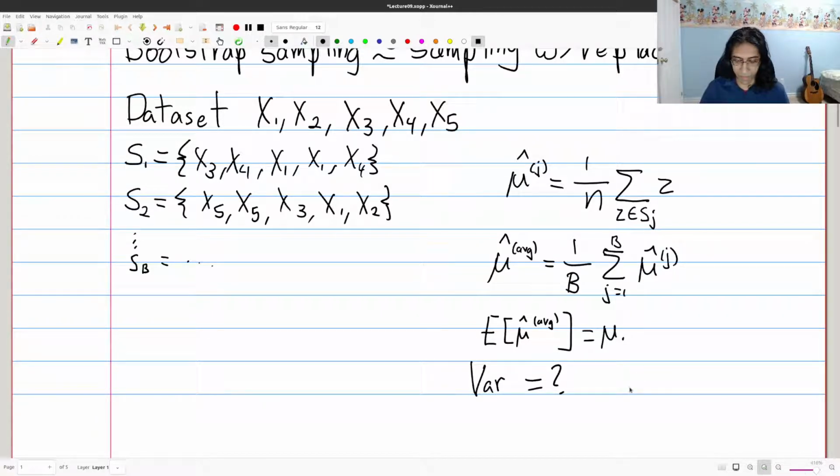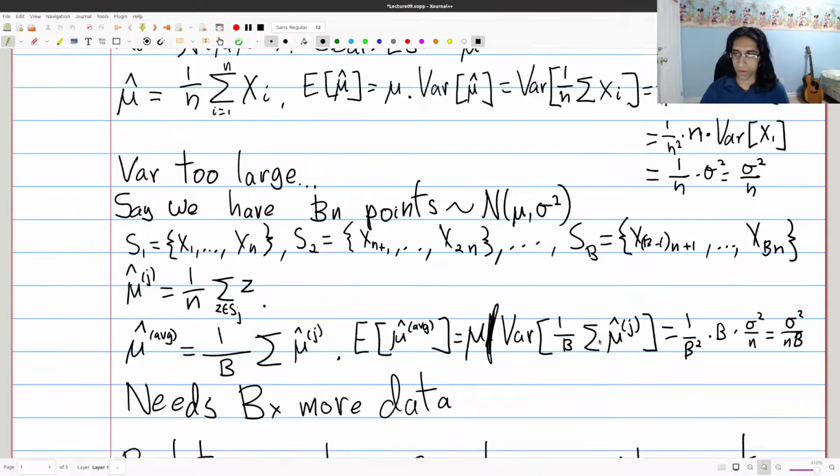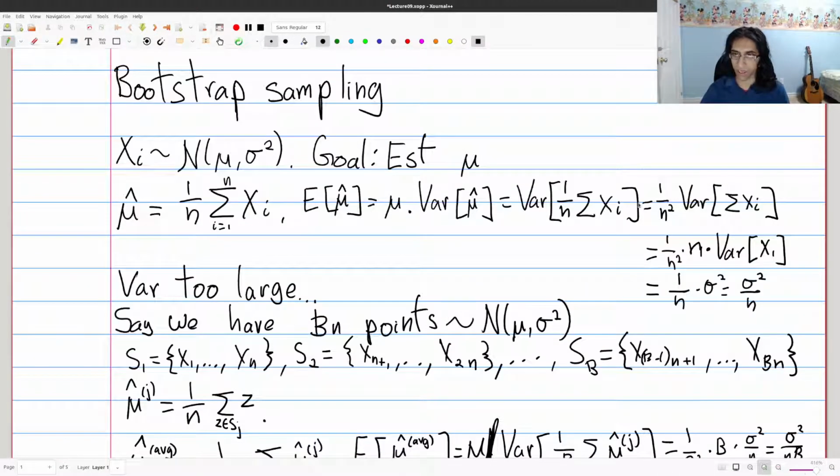The reason is that this loses the key independence property which we used earlier. Remember, when we computed this variance, we can pull out this constant, that's always allowed. But then when we pulled out the summation, that used the fact that the xi's are independent from each other.